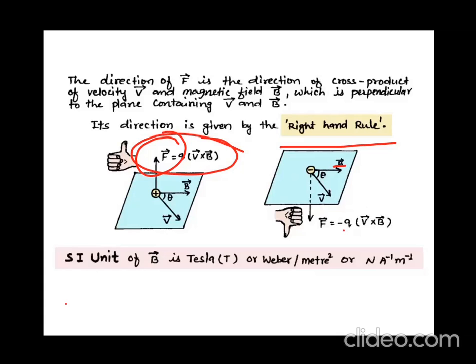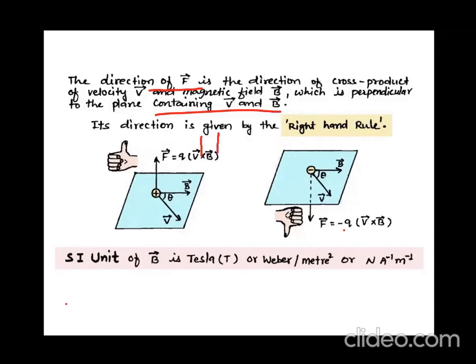So according to this rule, the direction of magnetic force is perpendicular to V and B. Okay, so this is your direction of magnetic field, and if you have the positive charge here, you are going to curl your right hand fingers from the first vector towards the second vector.